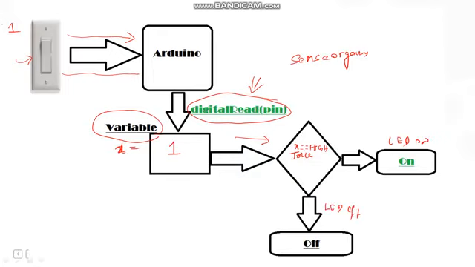Suppose you are not pressing the button, in that case the value will be 0 and the variable will be assigned the value 0. Therefore, the condition is false, so the else part will be executed and the LED will be off. So let's check out the practical.